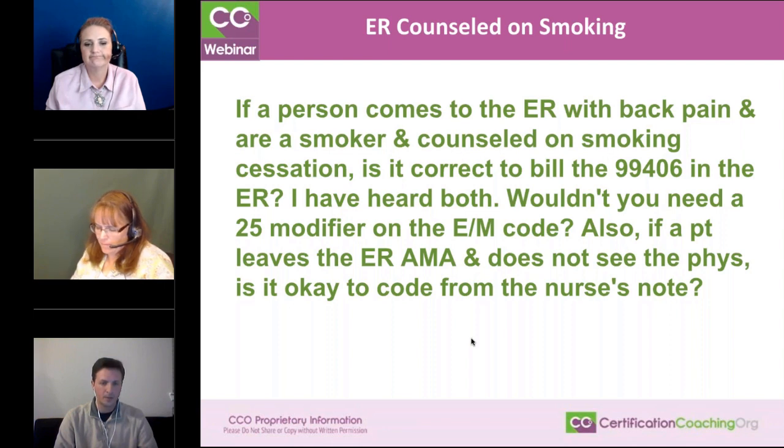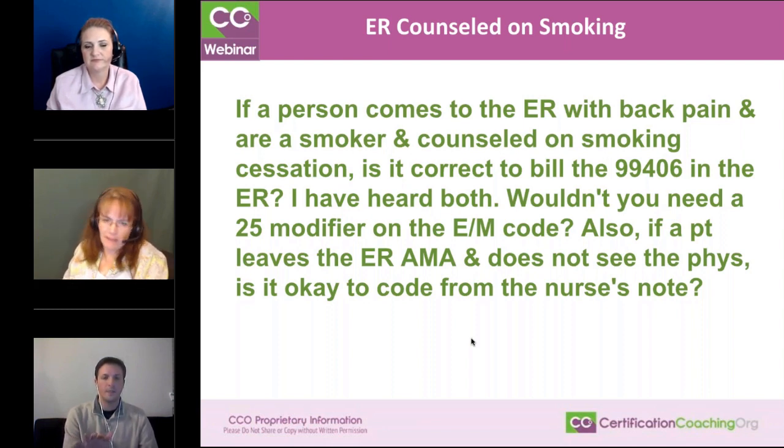Now, when it comes to nurses' notes, there are guidelines regarding BMI, and if they document decubitus ulcers or any of those ulcer conditions, they can document that. However, the provider has to be the one to diagnose a certain condition.